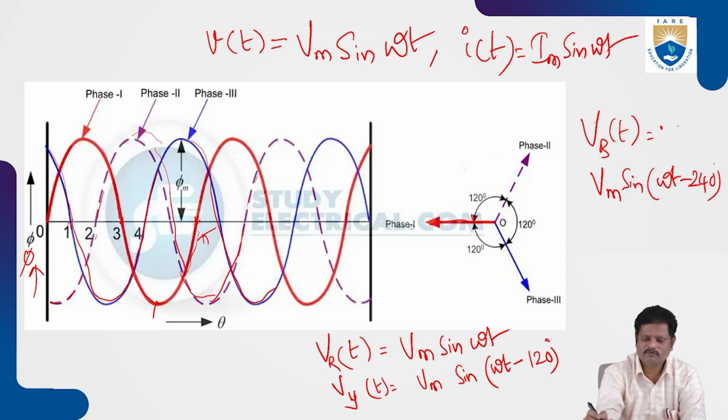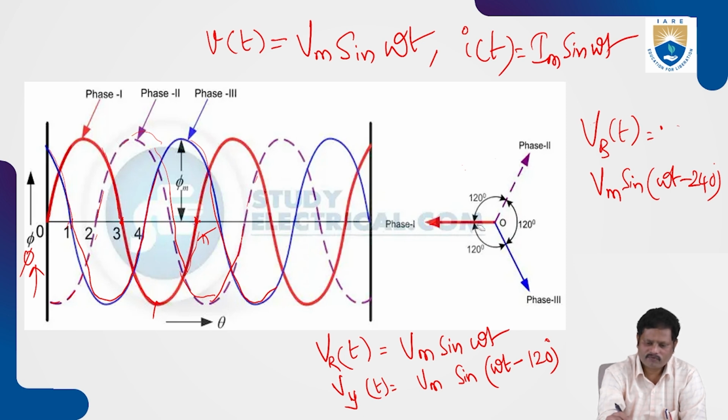It means with respect to R phase, the Y phase lags 120 degrees and B phase lags 240 degrees. From R phase to Y phase, or phase 1 to phase 2, it is 120 degrees.